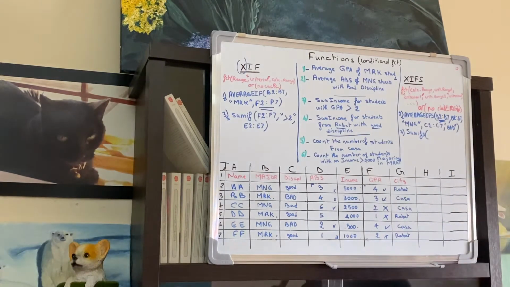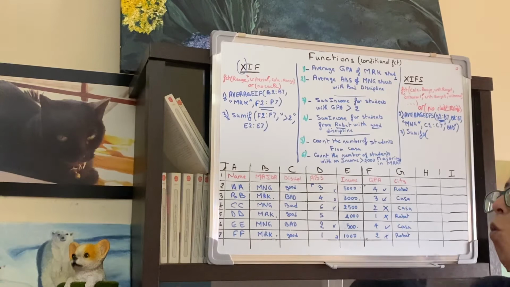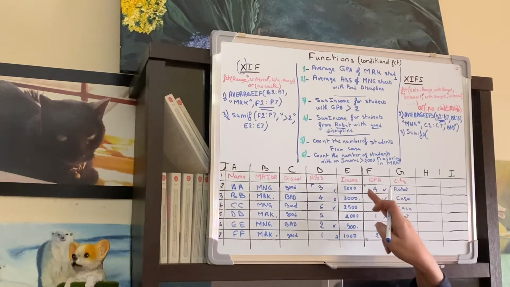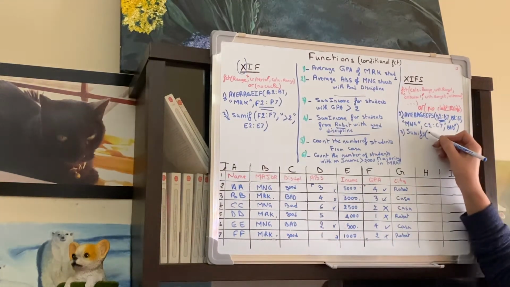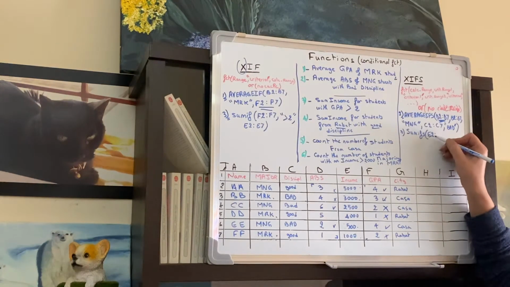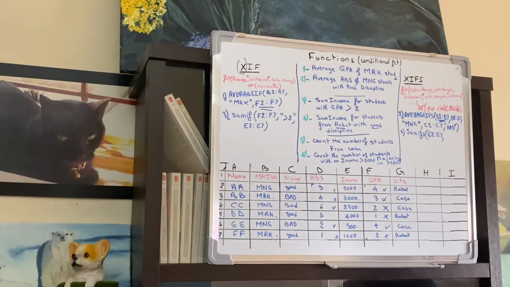Okay. The difference here is that the calculation comes first. What are we calculating? We're calculating the income. Okay, where is the income? It's from E2 to E7, comma. Okay, now I'm going to look for the ranges where I have my criteria.